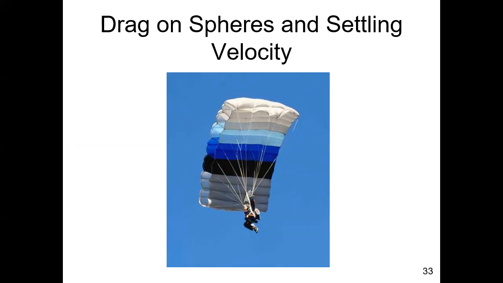I need you to bring this handout on drag for next time, because what we want to talk about now is drag on spheres and settling velocity. So just to give you an idea of where we're going, we'll have a sphere and it's going to have a weight W. And in this case, let's say it's in air or water or any fluid. And the fluid is quiescent.